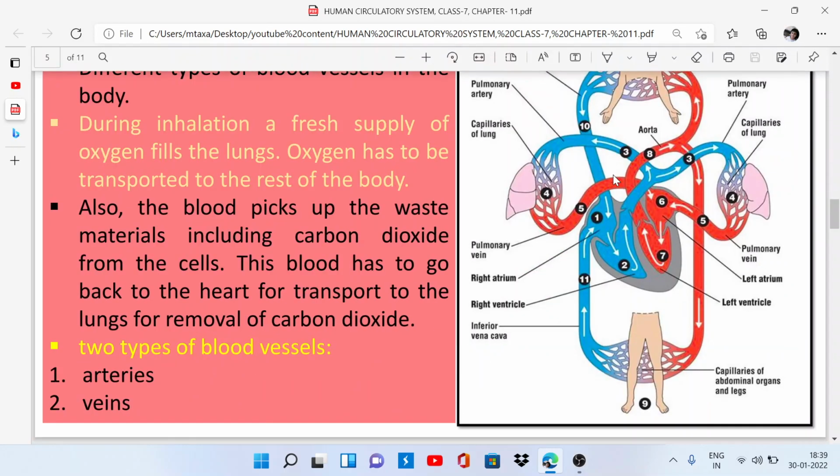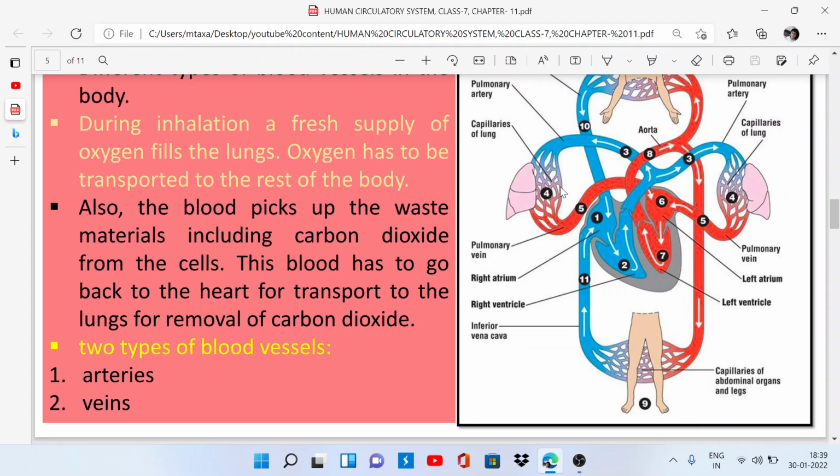When there is a fresh supply of oxygen in the lungs, this oxygen-rich blood comes to the heart by the pulmonary veins. Veins are the blood vessels which bring blood to the heart, and this oxygenated blood is supplied to different parts of the body where the chemical reactions occur and release carbon dioxide, and then the blood becomes rich in carbon dioxide.